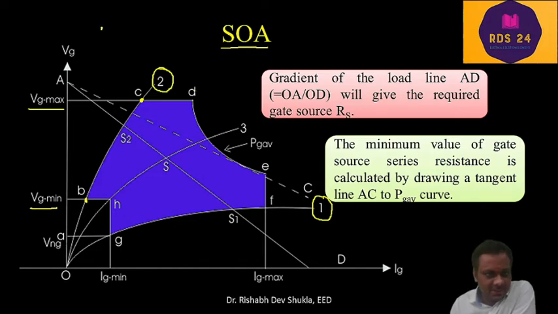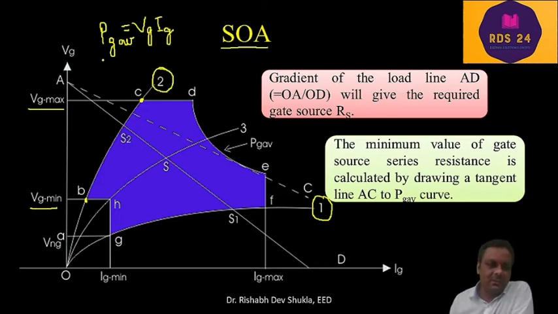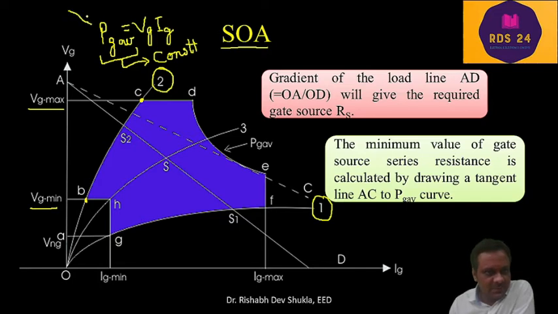Our gate power dissipation, the average power dissipation PG average, will be simply V into G. It is already specified by the manufacturer that it should be within a limit, so our gate power dissipation should not exceed PG average.